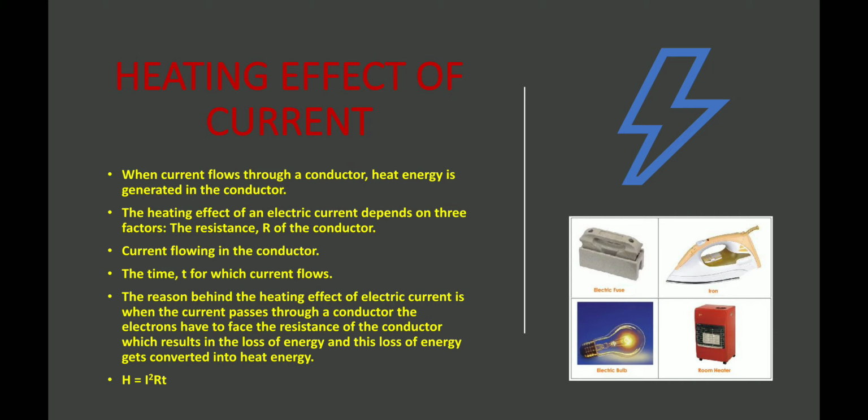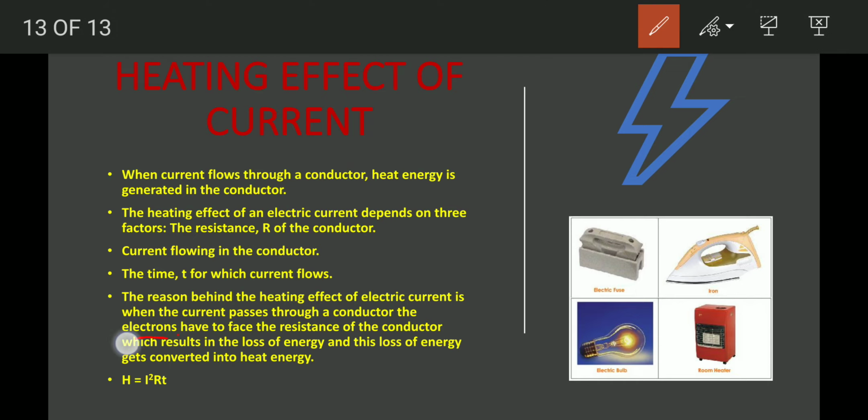Heat produced is given by the formula H is equal to I square RT, which clearly says that H is directly proportional to I square. That means if you double the current, heat generated will become 4 times.